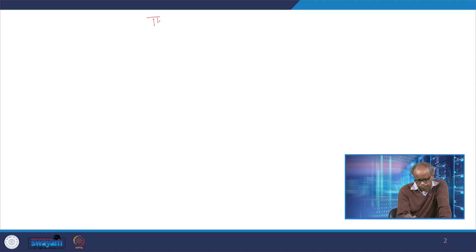Now, for the purpose of three-phase load flow, we shall assume that we know the model of a transmission line. The first part of this is network modeling.